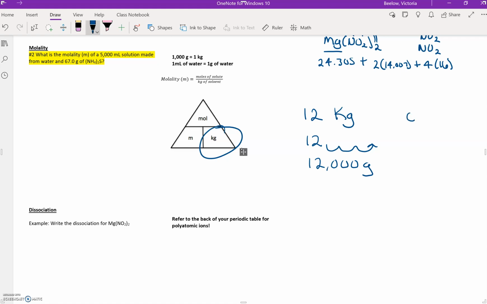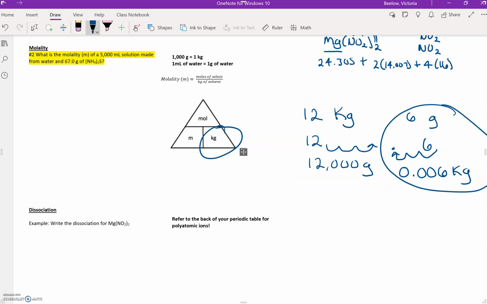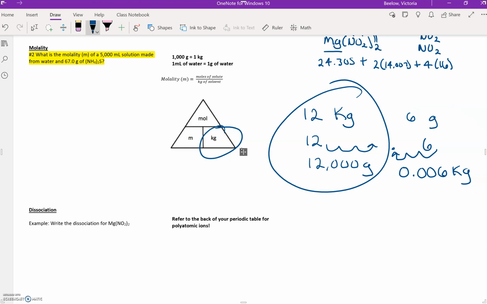But let's say I had 6 grams and I wanted to get that into kilograms, I would move 1, 2, 3 places to the left. So 0.006 kilograms. If you're going from kilograms to grams, you're going to multiply by 1,000.